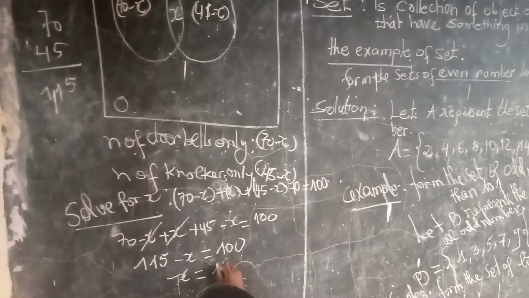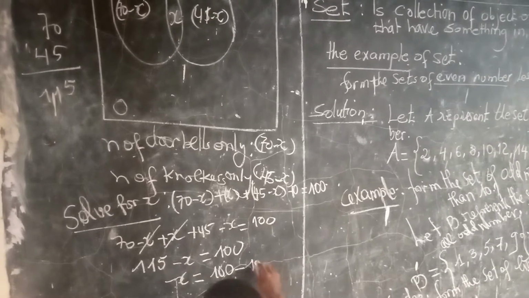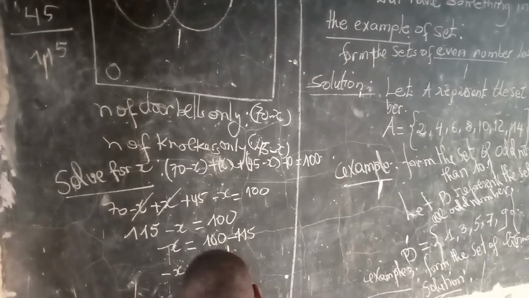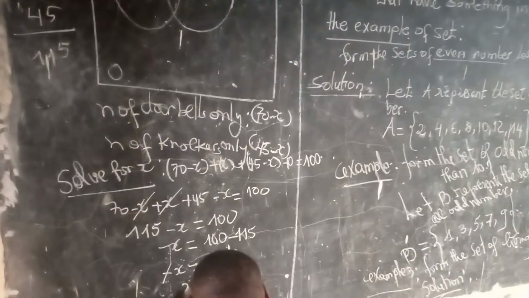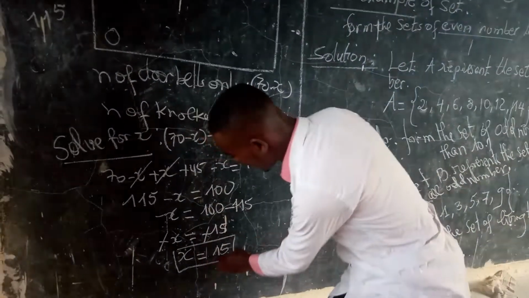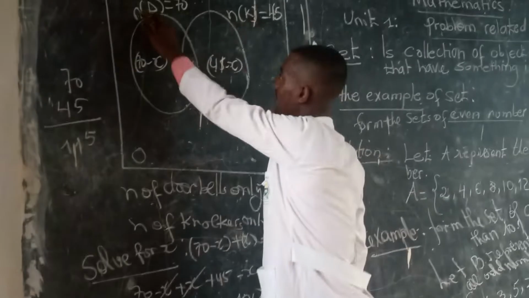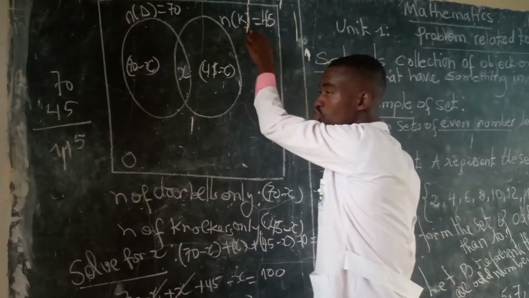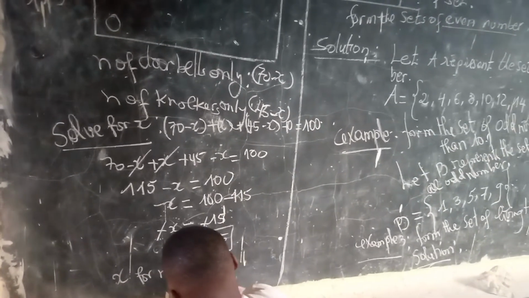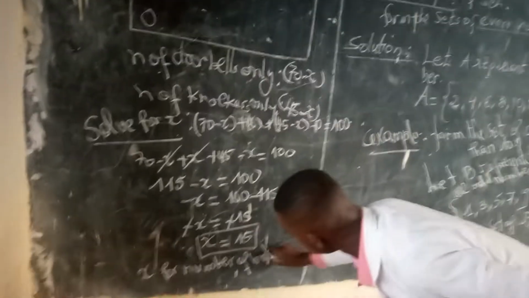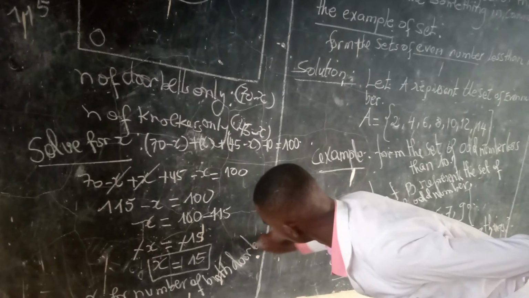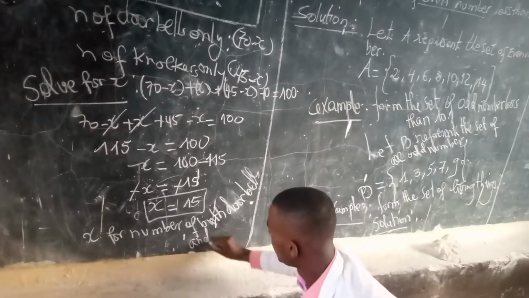Minus x will be 100 minus 115. Change the sign. Minus x will be equal to minus 15. We simplify negative and negative. We got x which is equal to 15. So this x stands for the number of both doorbells and knockers.